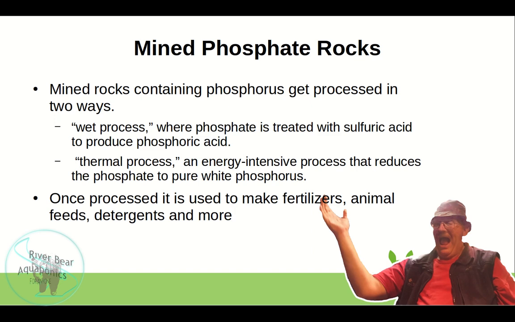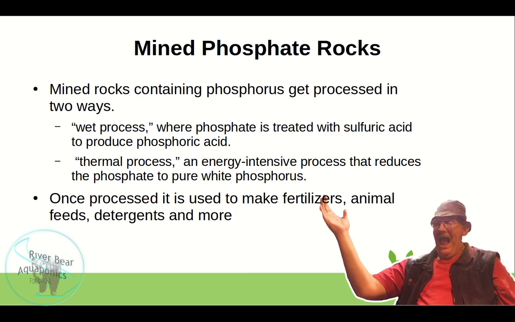The other way is a thermal process that is very energy intensive, but does reduce phosphate into pure white phosphorus. This is the only way that pure phosphorus occurs on Earth. Once it's processed, we use it to make fertilizers.